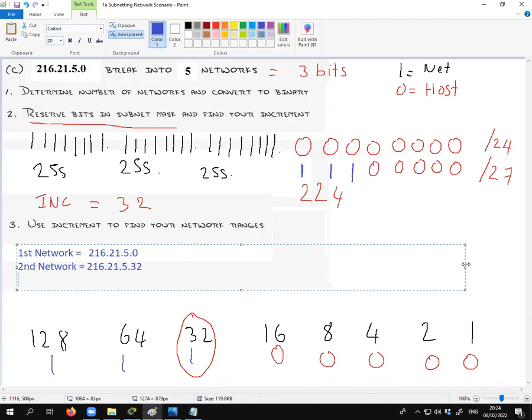Why am I saying 32? Because it's the increment. We know our increment is 32. So we're using the increment of 32 to find our network ranges. Each subnet will increment in the value of 32. Third network, or third subnet, you see these are subnets. A subnet is just a small network. I use the terms interchangeably.